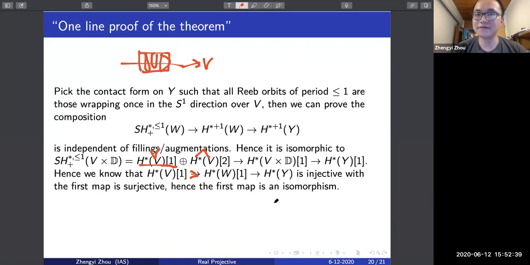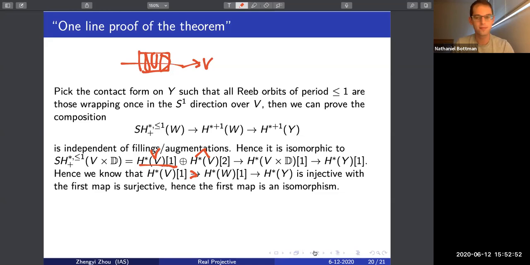And then you can get a diffeomorphism type from there. Okay, I think I have finished all my materials, so that's it.